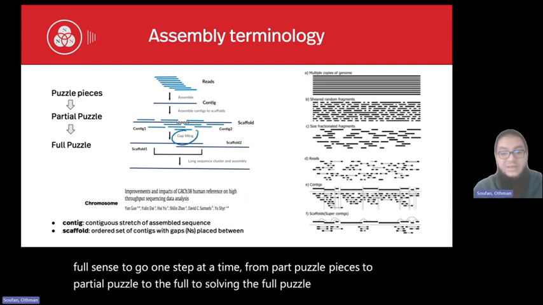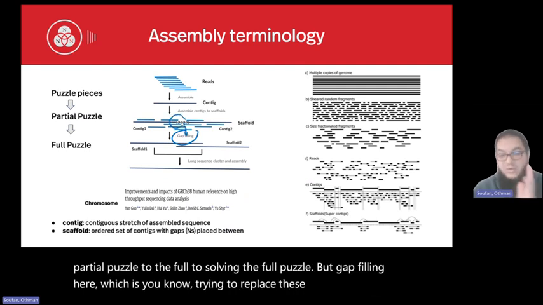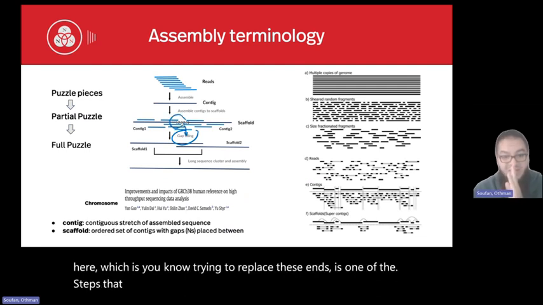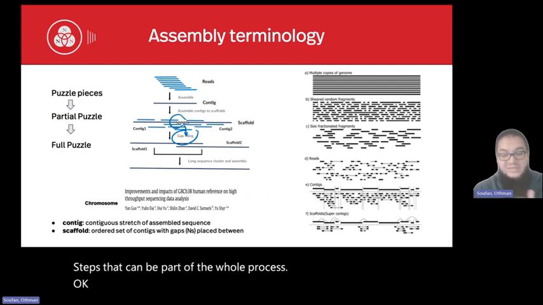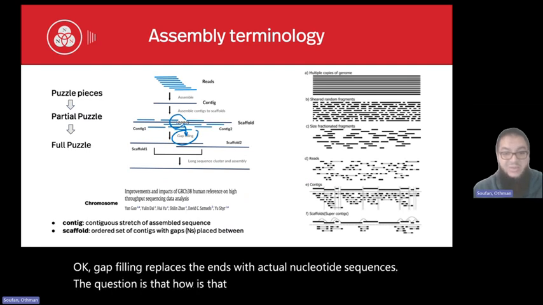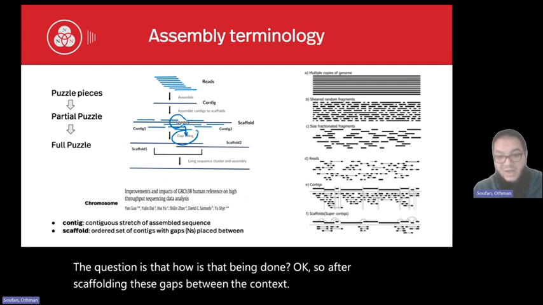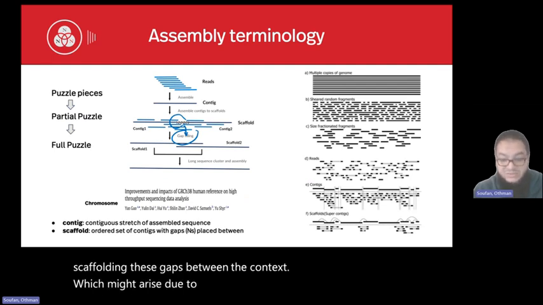But gap filling, which is trying to replace these Ns, is one of the steps that can be part of the whole process. Gap filling replaces the Ns with actual nucleotide sequences. The question is how is that being done? After scaffolding, there are gaps between the contigs, which might arise due to repetitive sequences.